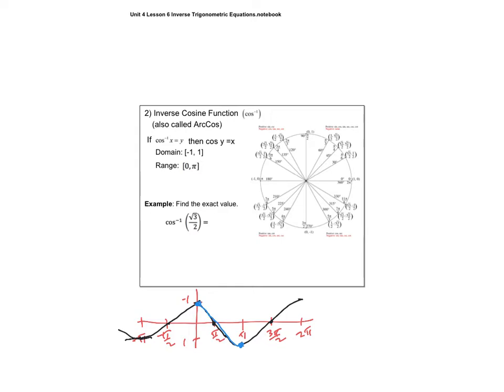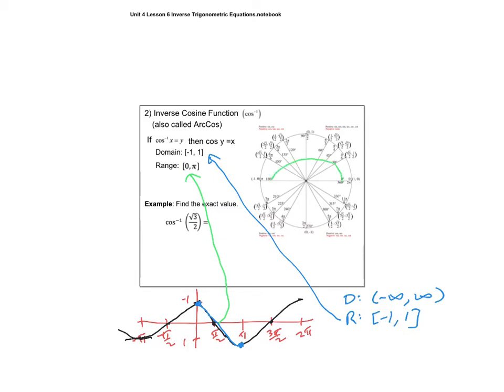Normally our domain for this one would be negative pi to pi, and our range would be from -1 to 1. So our range would become our domain in the inverse, and our domain would normally become our range, but that's not going to happen because of the restriction. So this domain becomes this range. So it's from 0 to pi, which means we're from here over to here.